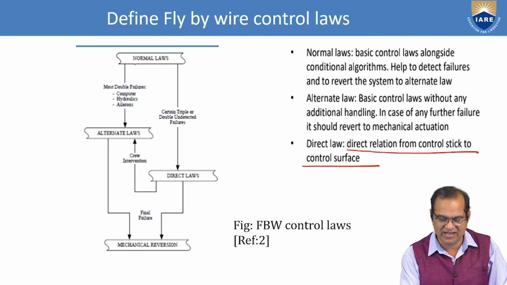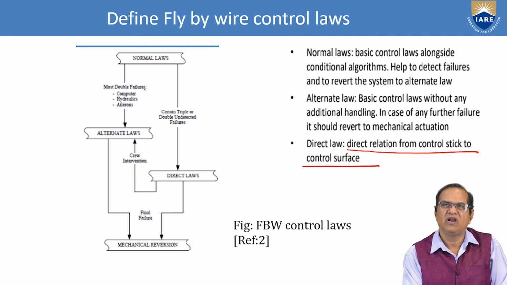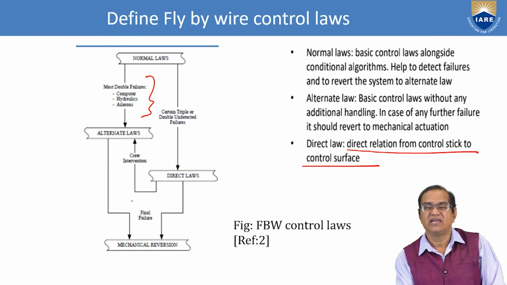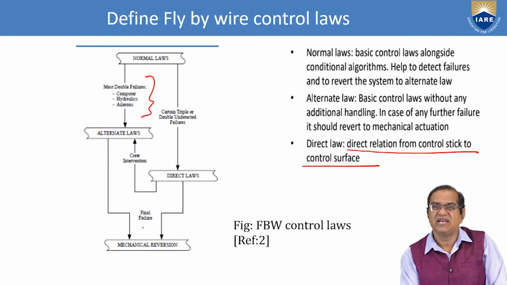This you can see in this diagram. The normal law is working here. Most double failures, of computer, hydraulic and the ailerons, will take it to the alternate law. If any failure happens in this, it will go to the alternate law. If there is some failure in the alternate law, it will go directly to the mechanical reversion.